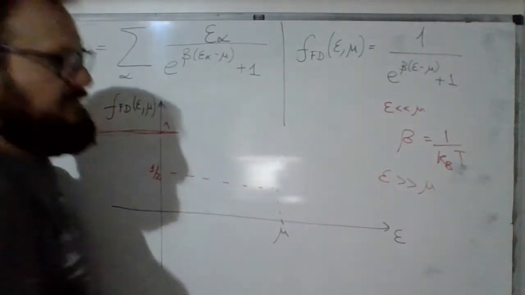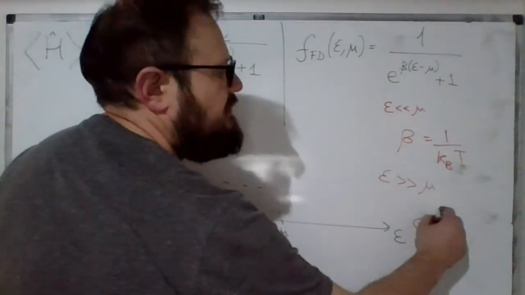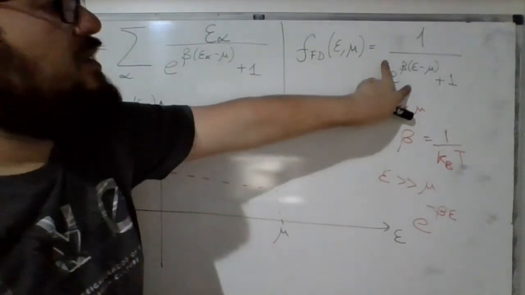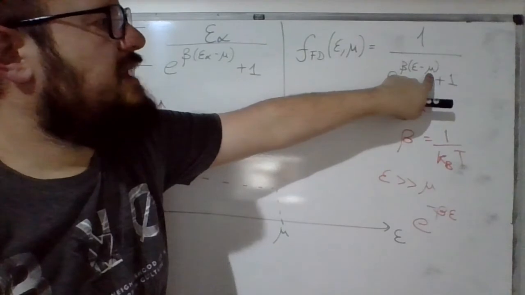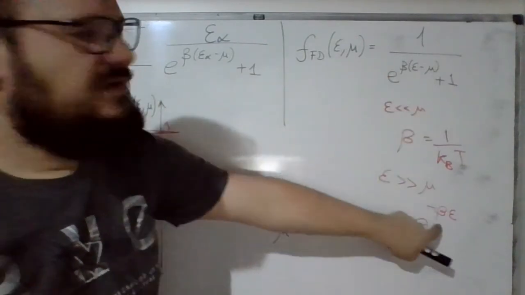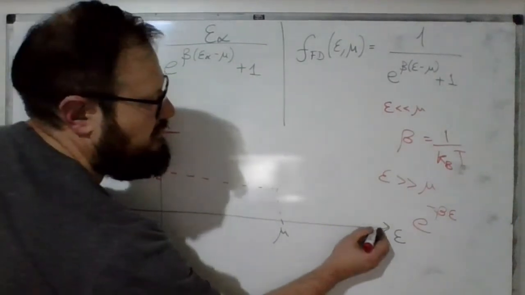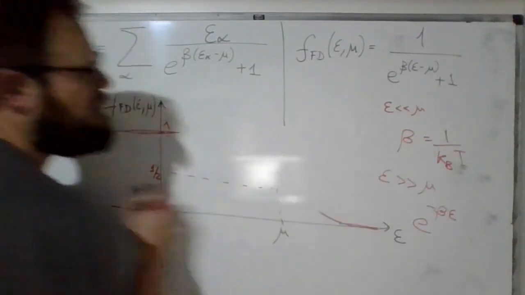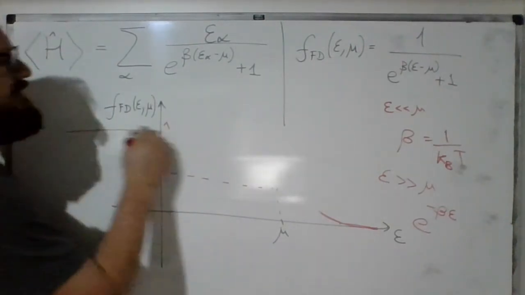So it will reduce to a Boltzmann distribution, e to the minus beta E. If this term dominates and this energy is much larger than the chemical potential, you have just a Boltzmann factor. So in the large energy limit, this is just a Boltzmann distribution, and therefore you have something like this.